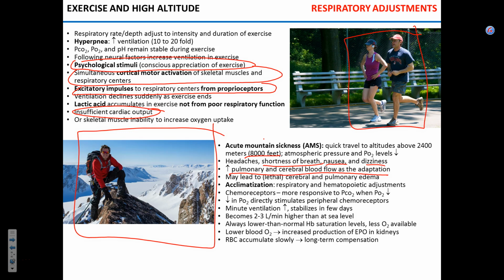The blood flow to the brain will increase so dramatically that you will develop cerebral edema and die. You will develop pulmonary edema too, because blood flow in the pulmonary circulation will increase as well to pick up more oxygen. Does that make sense?